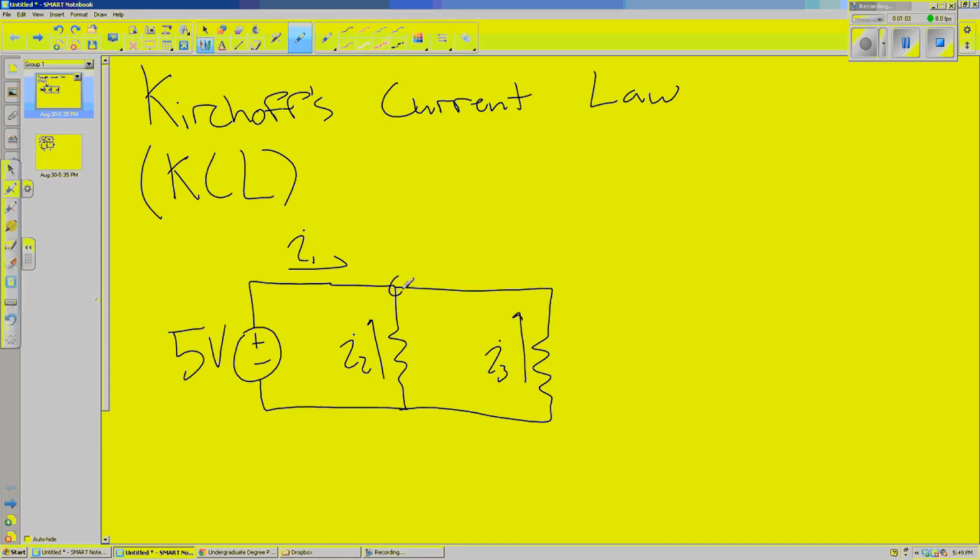At this node, I1 plus I2 plus I3 must equal 0. All of these cannot be positive, right? If they were, this equation wouldn't work. At least one has to be negative.